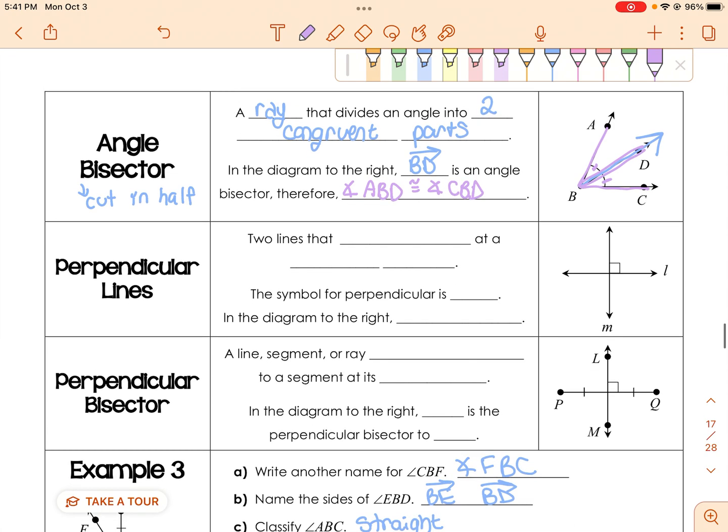Our next new vocab term is perpendicular lines, which hopefully you've heard before. They always cross at right angles. So they cause all these 90s in here, right? 90, 90, 90, 90. So two lines that intersect at right angles.